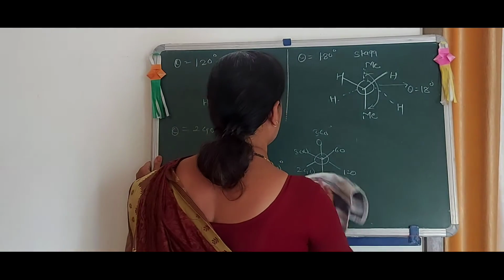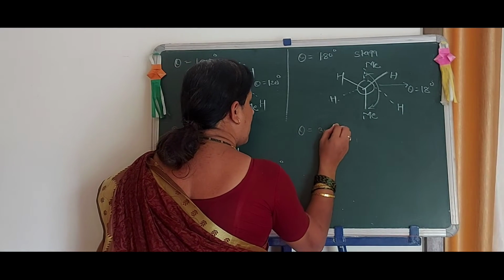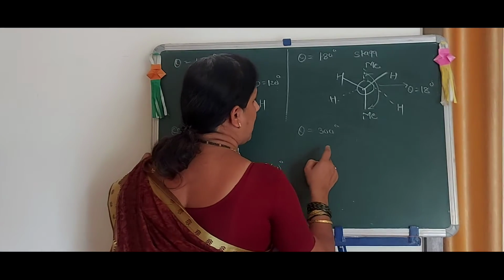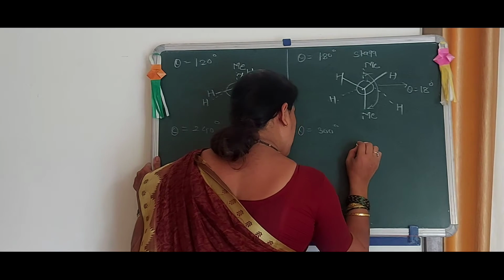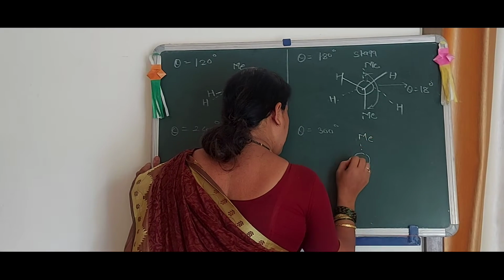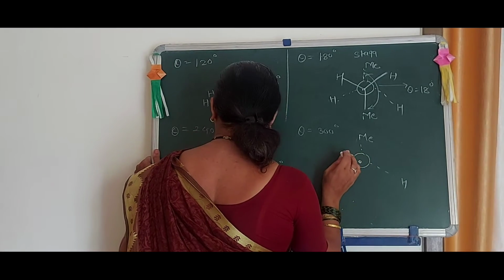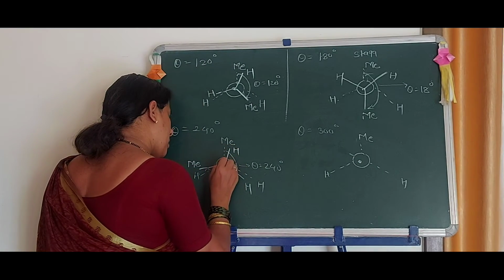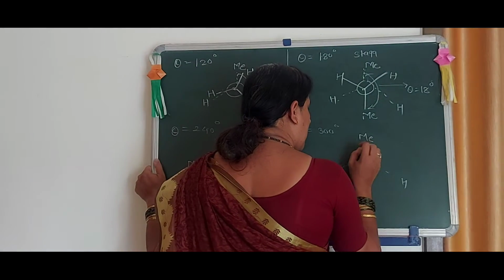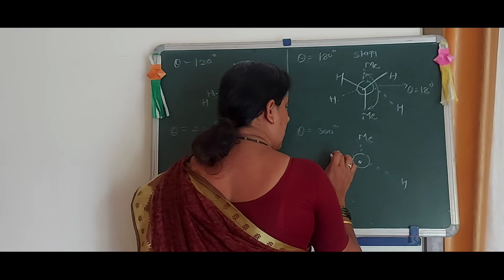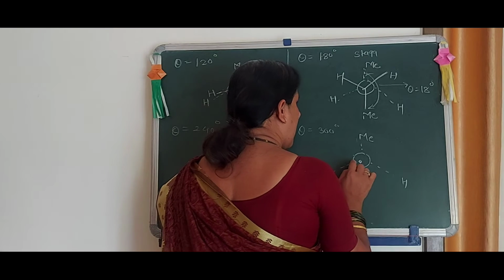Okay. Now next is 300. Last but one, theta is equal to 300 degrees. Okay. Now 300 means the staggered structure here. Me, H, and here H. Sorry, here we can draw 300 degrees, with 240 degrees as it is here.